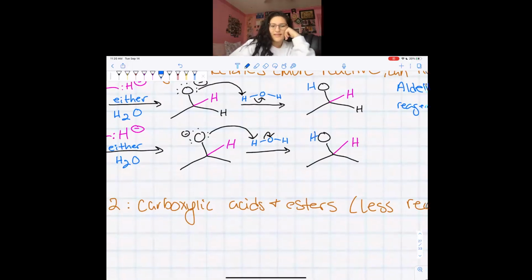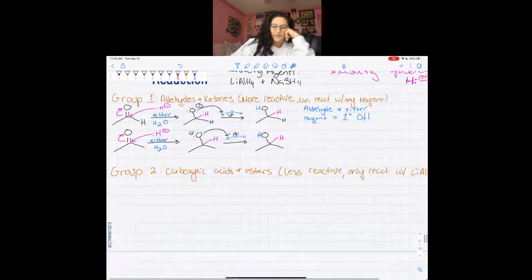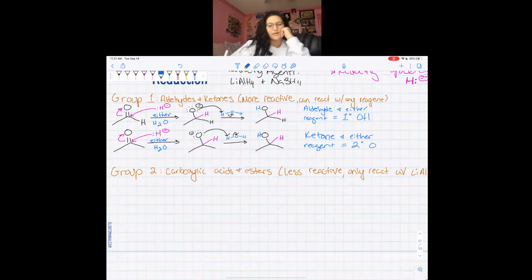So it's exactly the same steps. The only thing that's different here is we have a primary alcohol. Here we have a secondary alcohol. So we can say that a ketone plus either reagent is going to equal a secondary alcohol.